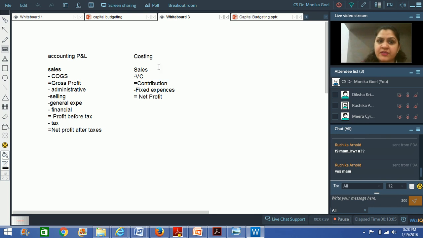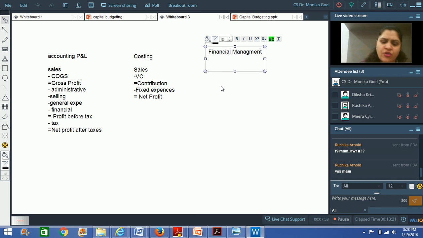When you are making a similar format from the perspective of financial management, what will you do? You will not start with sales minus working capital, you start with sales minus cost of goods sold, and then minus selling, administrative and general expenses.